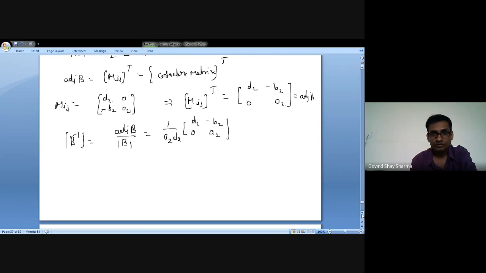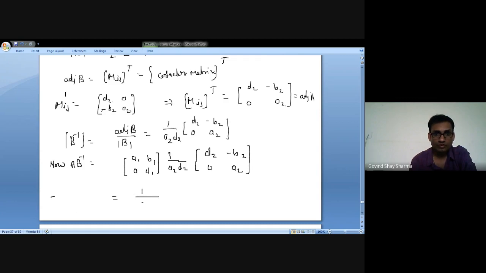Now A B inverse. We have A equal to a1 b1 0 d1, and B inverse is 1 upon a2 d2 times d2 minus b2 0 a2.